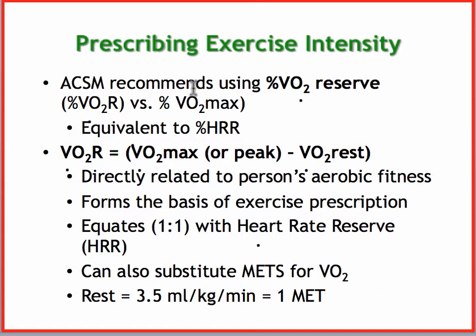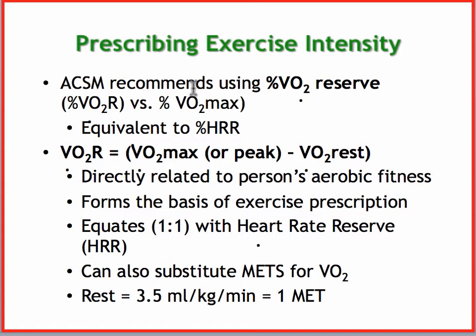And so in order to link percent VO2 with heart rate, the American College of Sports Medicine now recommends that we use a percent VO2 reserve instead of a percent VO2 max. What we've found is that the exercise intensity at a particular percent VO2 reserve is equivalent to the exercise intensity at a percent heart rate reserve.